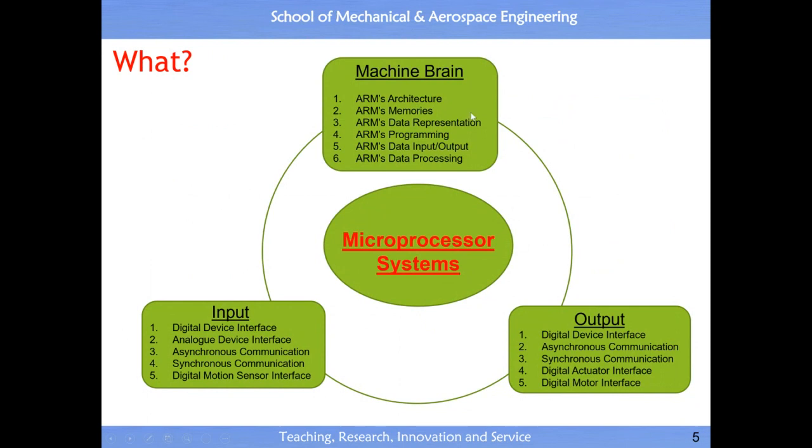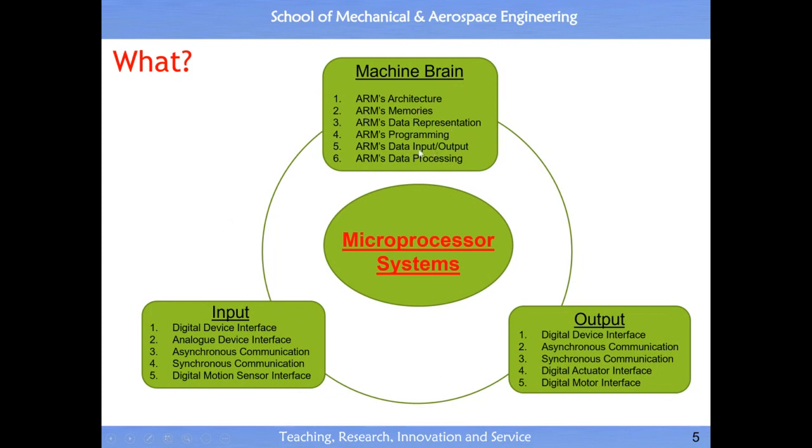Then how are you going to study, and what will be the exact topics? This slide shows you the roadmap of learning, and this roadmap includes two parts. On top is the software part. Inside, you will see we are going to learn a little bit about the architecture of the ARM microprocessor system and also the memory related to it.